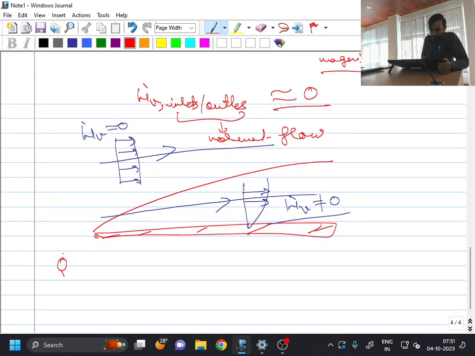My equation number 1 will be Q dot minus W dot. What types of W dot do we have now?